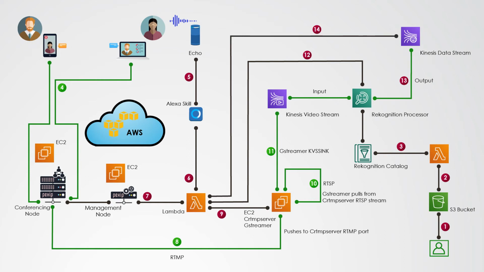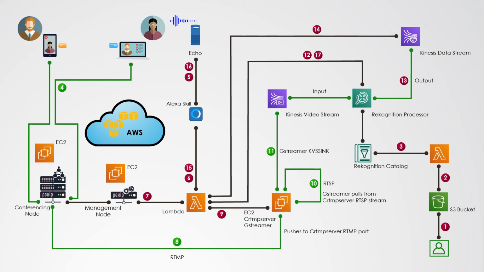The Lambda function reads this stream of JSON data, and as it finds results in it, it formats the output speech to the Alexa skill, which is read to the participant by the Amazon Echo device.